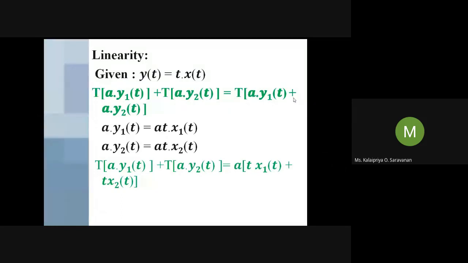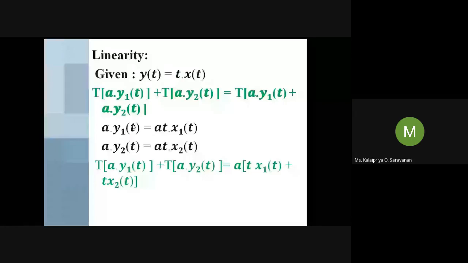We will have to prove whether LHS is equal to RHS. So for that, we will individually calculate LHS and RHS.